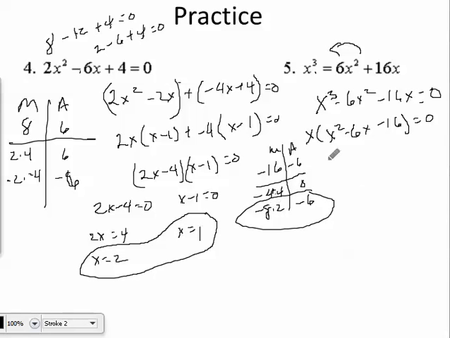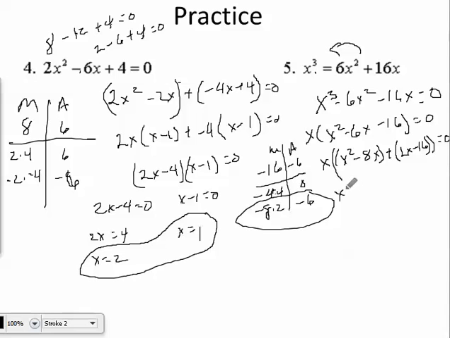Okay? So I'm going to have x times, x squared minus 8x, parenthesis, another set of parentheses here, plus quantity 2x minus 16, parenthesis, parenthesis, equals 0.